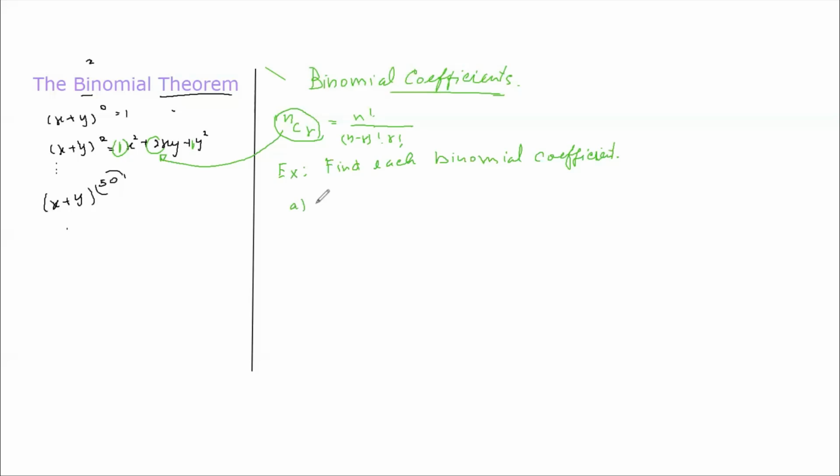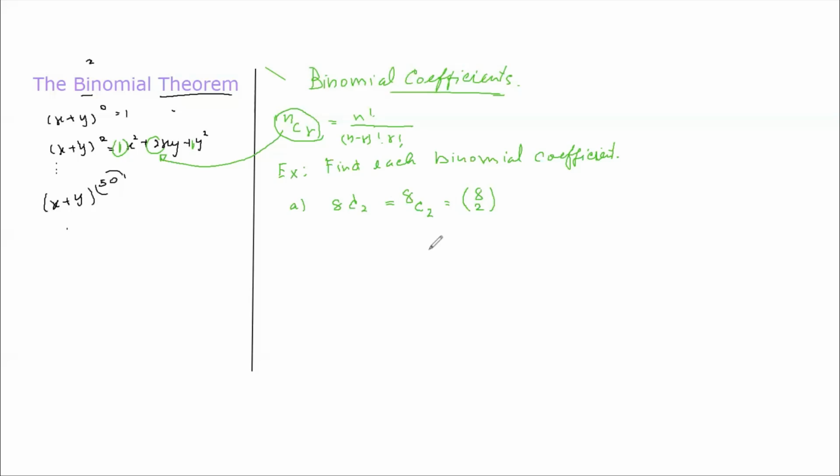Okay, for example A, if we have 8C2 like this, right? It's the same meaning if we write it like this, or sometimes we can write it in this way, 8-2.